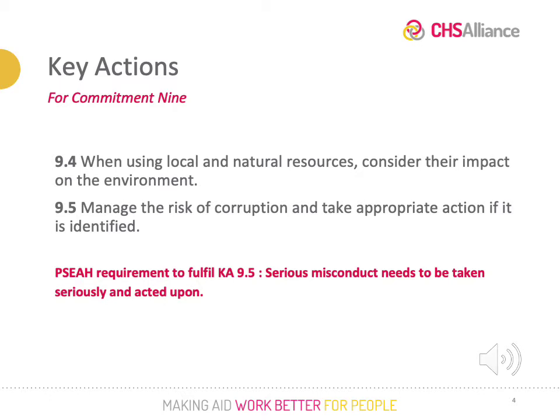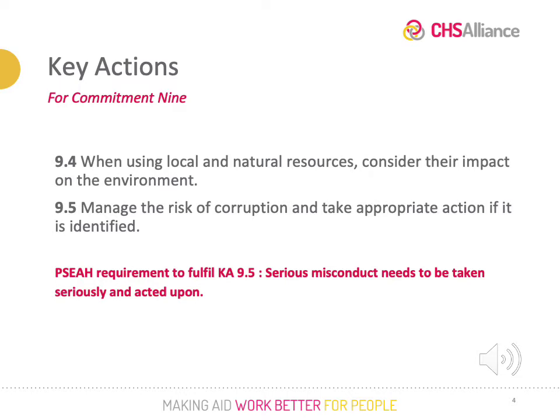Key Action 9.5 is to manage the risk of corruption and take appropriate action if it is identified. What processes do you have in place to authorize and monitor the use of funds and resources, as well as to address corruption or misuse of resources?